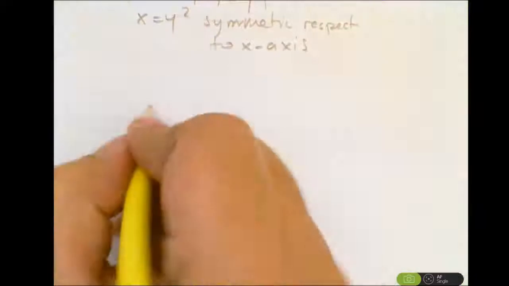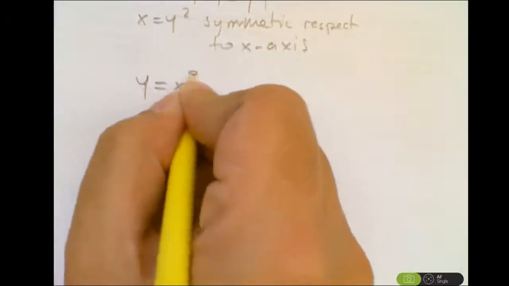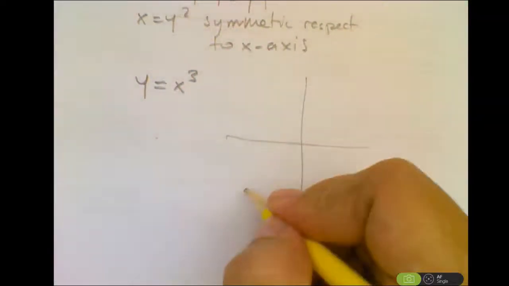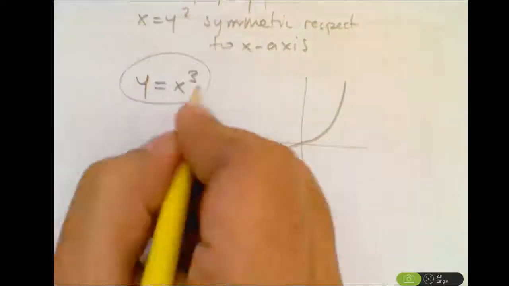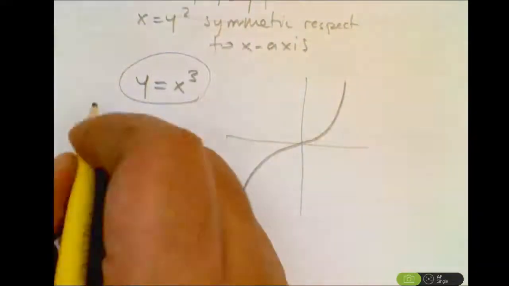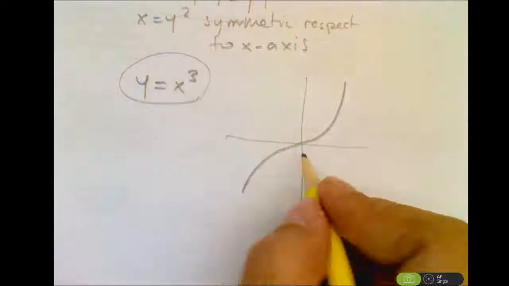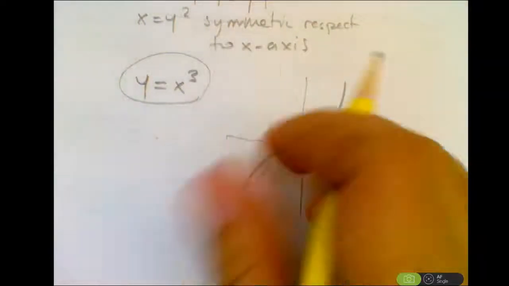Now let's say that I have another function, y equals x cubed, and you know the graph of that looks like a snake. Now I want to test for symmetry, so I know that this is going to be symmetric with respect to the origin.